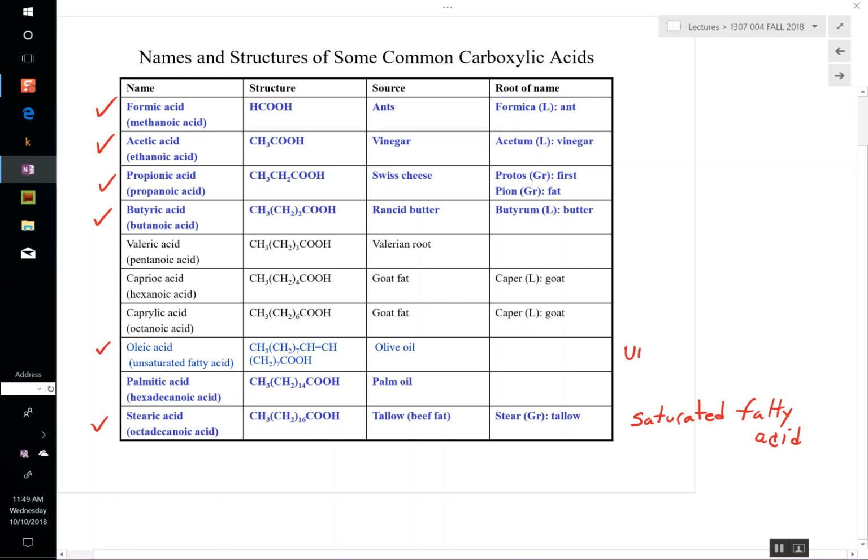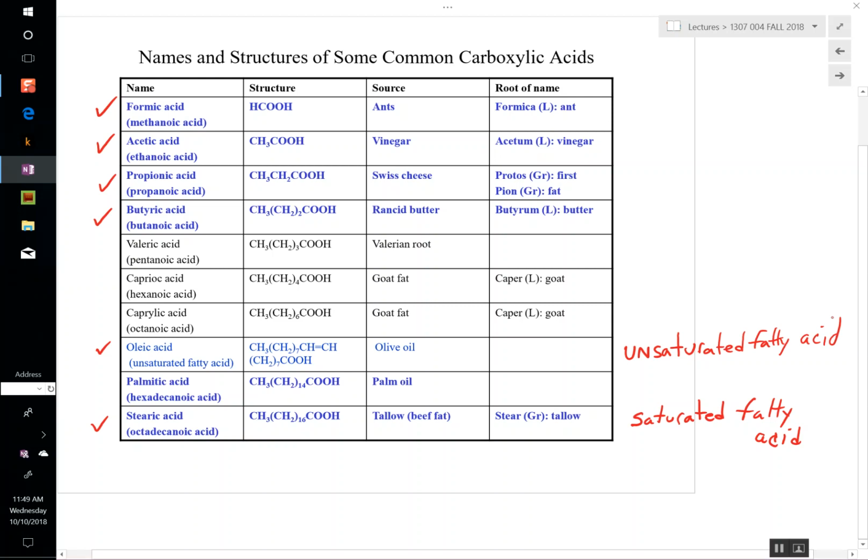Oleic is an unsaturated fatty acid. I think we'll look at those structures here in just a minute. But let's look at the top 4, which are short little carboxylic acids.